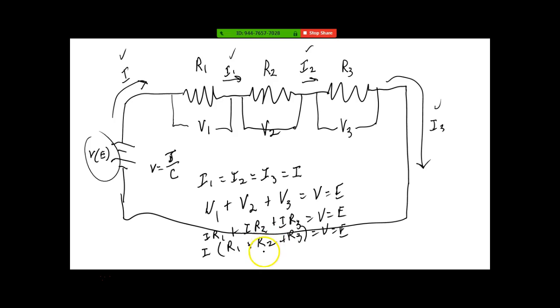Okay? Well, guess what? This is what we call the equivalent or effective voltage of the whole system. I mean, effective resistance. And that leads to the third formula.